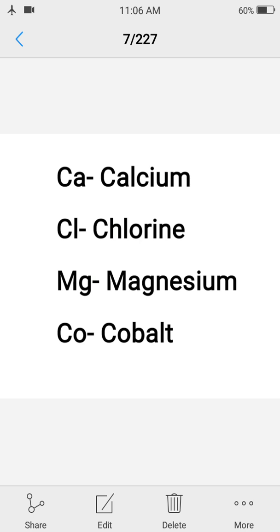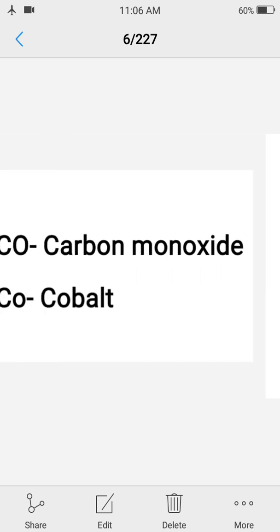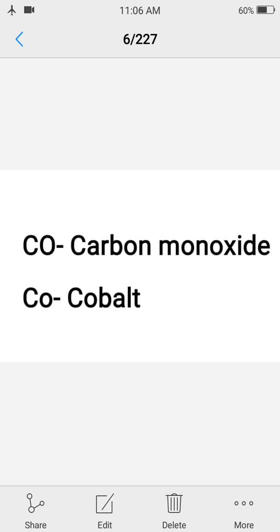Here I want to add one important point. If we write Co, capital C and small o, then it will be the symbol of cobalt, and if we write capital C and capital O, then it will become the chemical formula for carbon monoxide.